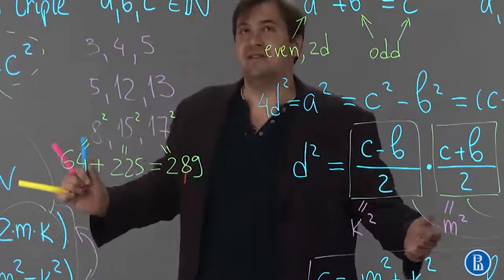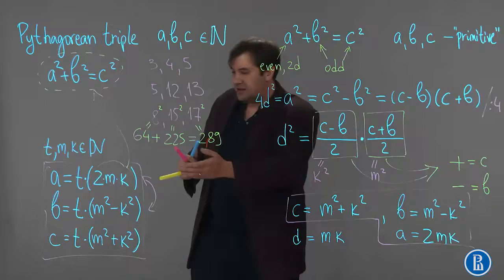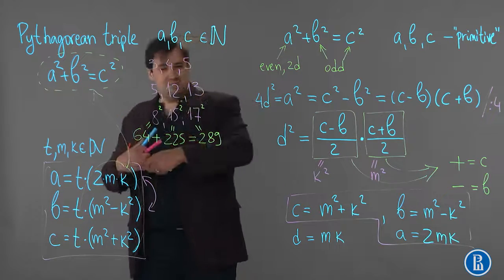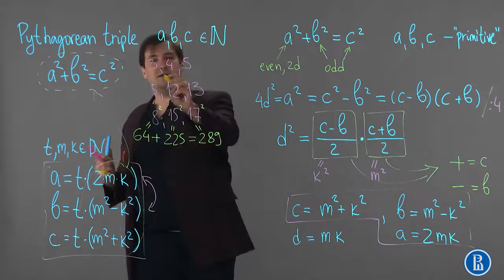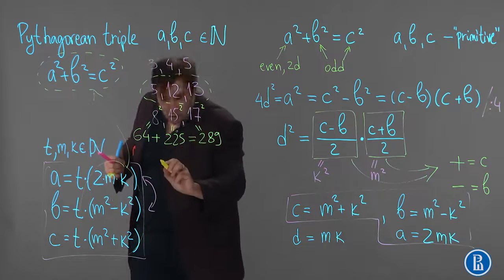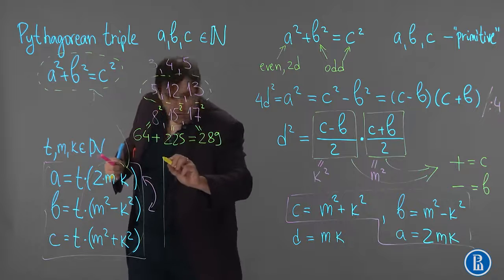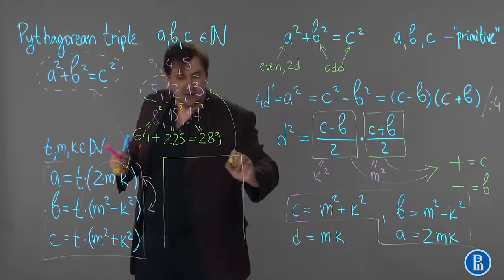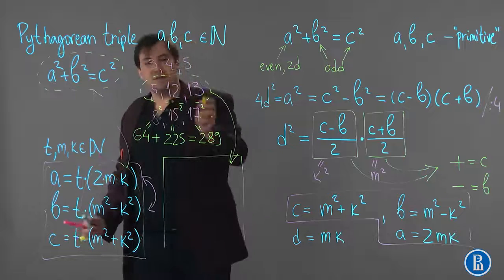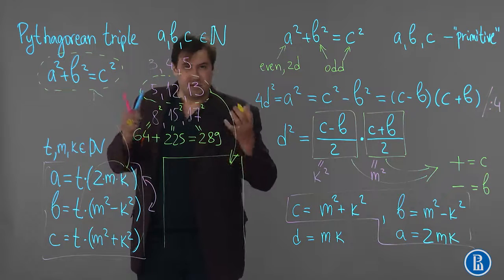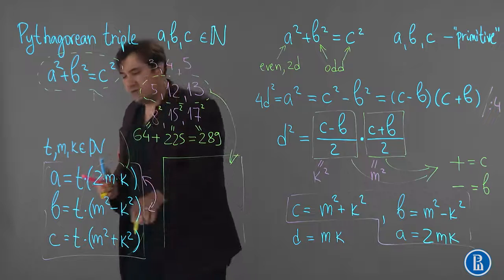Let's check that this is indeed a formula that can give us any Pythagorean triple. Well, say take 5, 12, and 13. So this is our final part, where we check that indeed any Pythagorean triple can be reached using this formula.